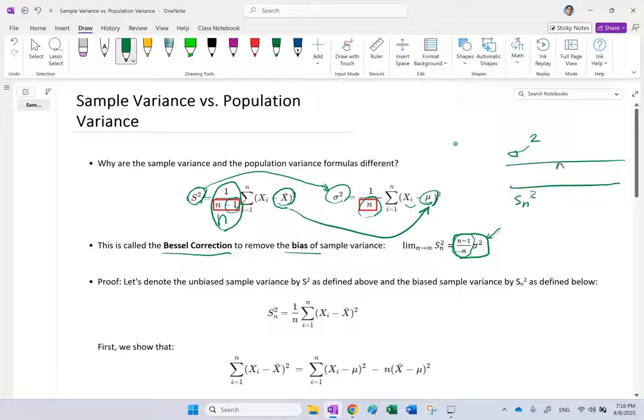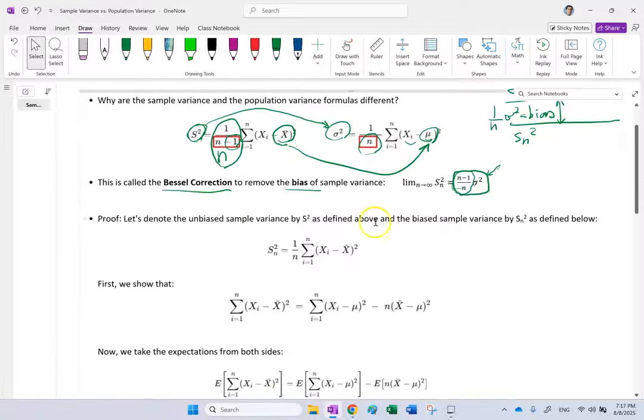There is this difference between them, which is equal to 1 over n times sigma squared. And this difference here is called the bias. So the goal is we introduce that negative 1. If we do that, it should take care of that bias and remove it. Really? Yes. So let's show the proof of that.